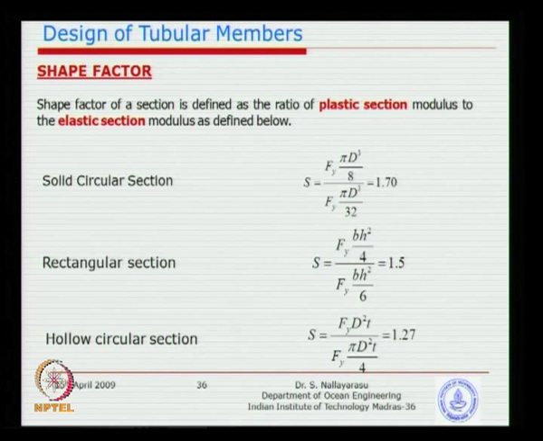So, they are very good, either circular or rectangular, square, they offer very good failure capacity compared to the hollow sections, but for obvious reasons we do not want to use solid sections, neither rectangular nor circular, because it becomes too heavy and not necessary.